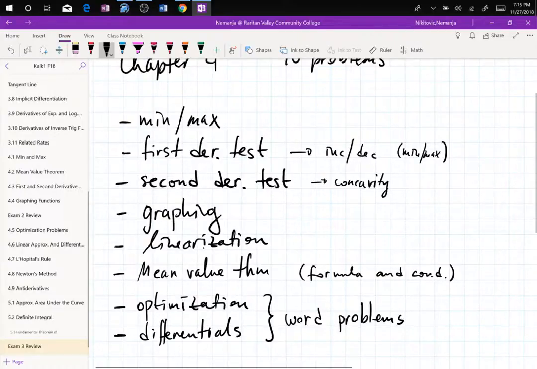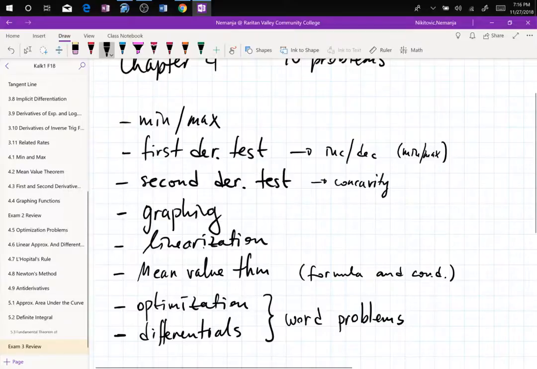Differentials. The key wording, and I've seen this throughout the years. People say, "Well, I don't really know which one is which." If you give us the mean value theorem word problem and then the optimization word problem and differentials, which one is which? Well, first of all, you recognize optimization because they're looking for maximum area, minimum surface area, maximum volume, maximum or minimum distance, right?